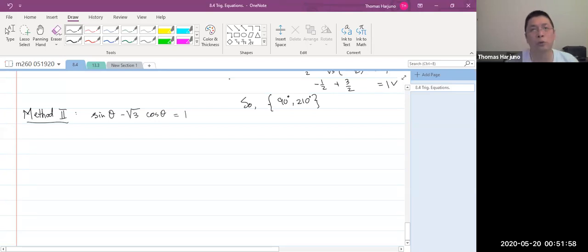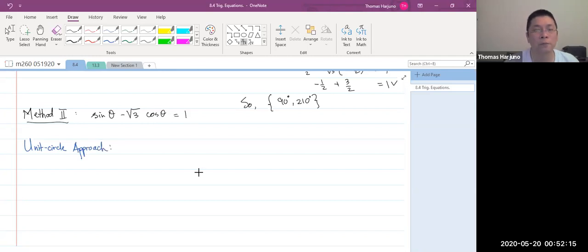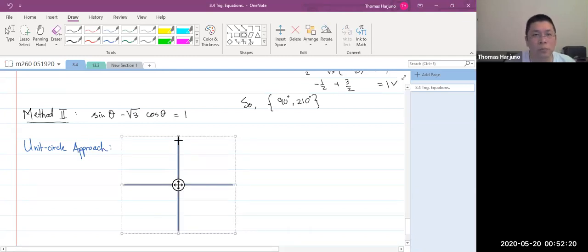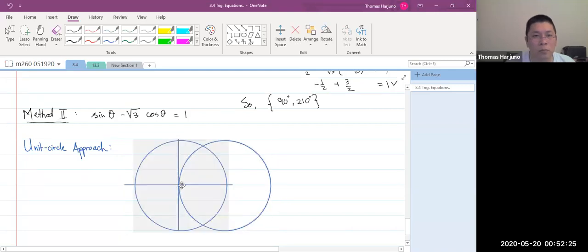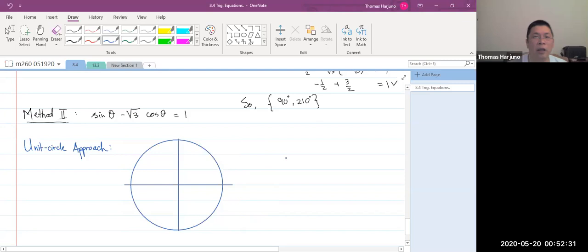Now, this is what I will do. I will use what is called the unit circle approach. Suppose I have a unit circle and I pick a point on that unit circle.